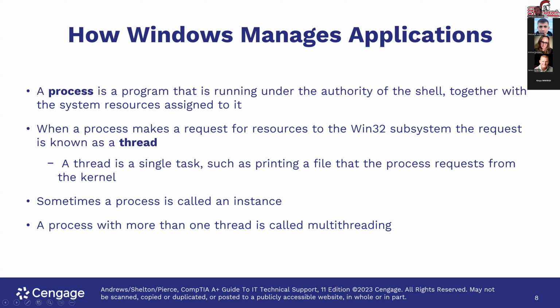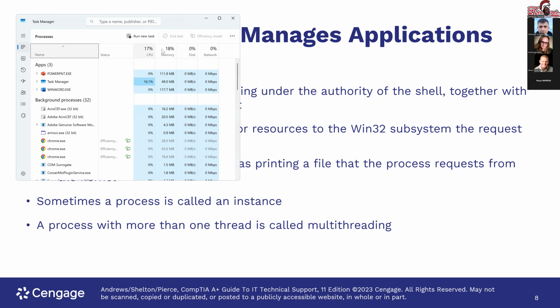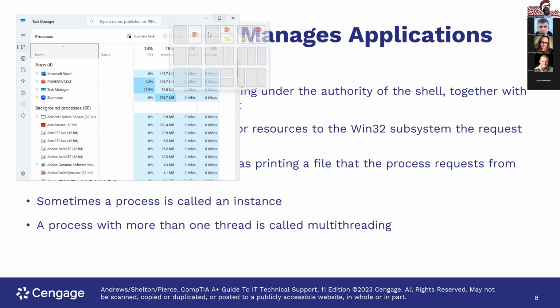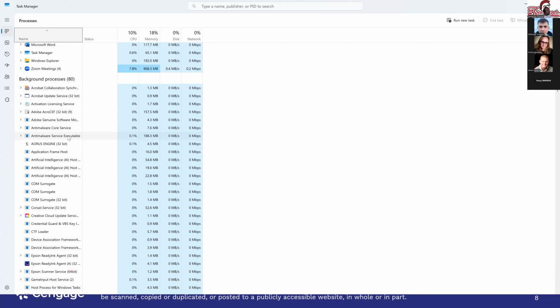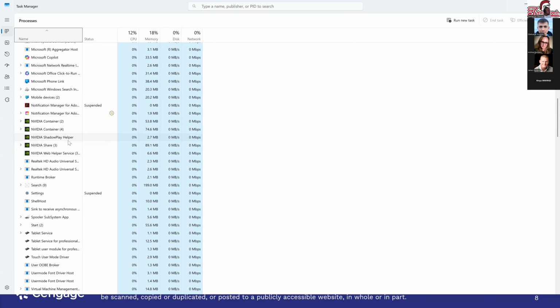If I were to, let's see, right click on the start menu and go to the task manager, you can see the number of processes running in the background right now. It was 80. It went up to 81, but now it's down to 80 again. That's a lot of processes.